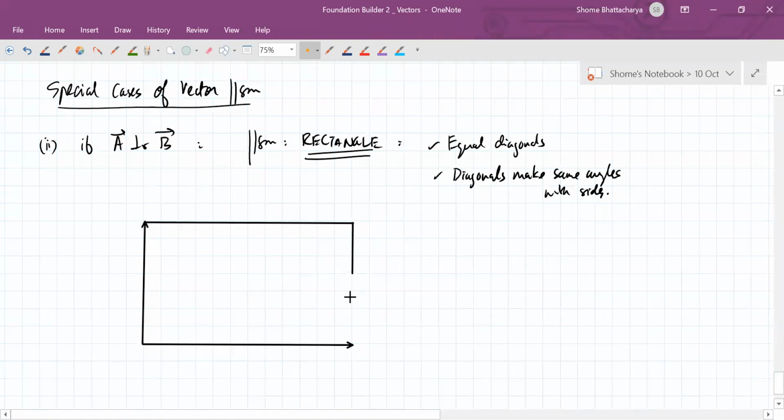So not only the diagonals are equal, but we have seen the formula for them before. It becomes root of a square plus b square.